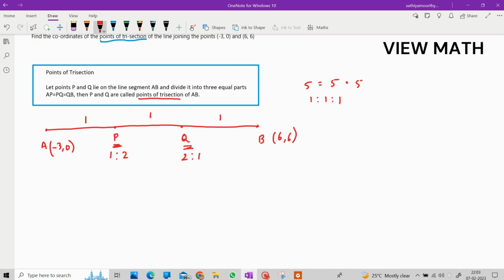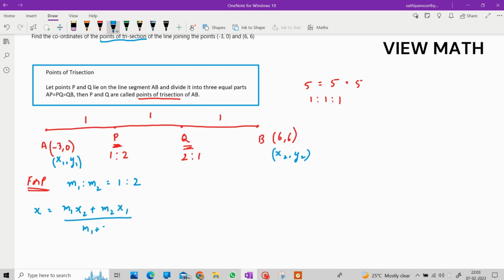So first let me find out the coordinates of P. Now the section formula I am writing. For P, what is m1:m2? m1:m2 is equal to 1:2. Now this is my x1, y1 and x2, y2. Now let me write the section formula. X is equal to (m1x2 plus m2x1) by (m1 plus m2).